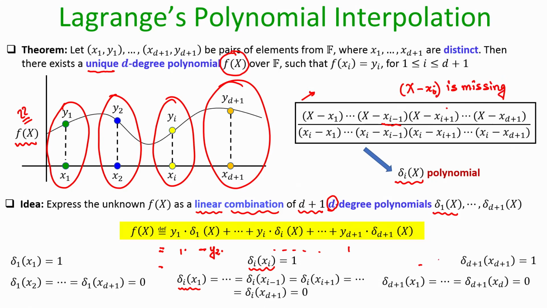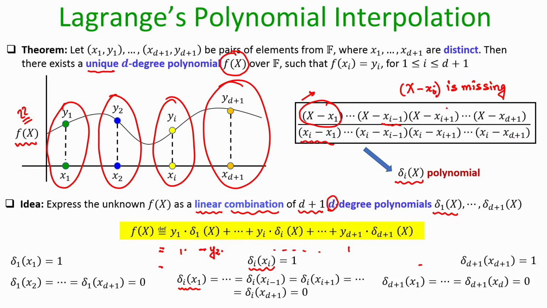Why is it missing? Because I do not want x of I to be the root of this polynomial, remaining all elements should be the root. So, x 1 should be root, x 2 should be root, x of I minus 1 should be root, x of I plus 1 should be root, and so on. That is why in the numerator I have d terms like this, and in the denominator I have terms like x I minus x 1, x I minus x 2, and so on.